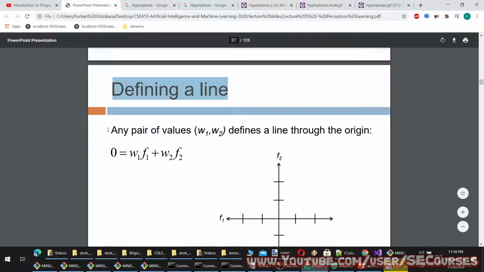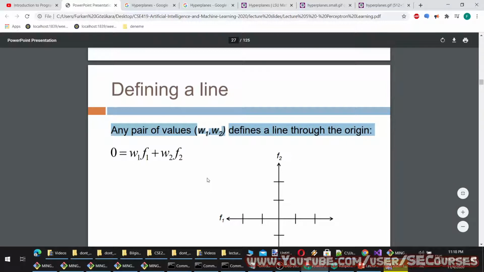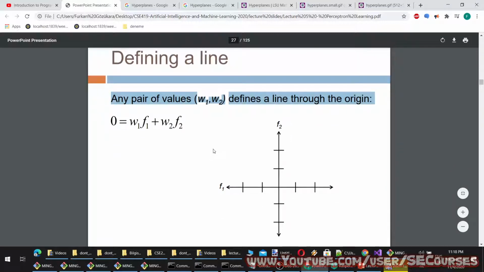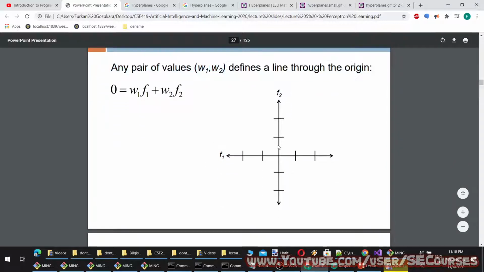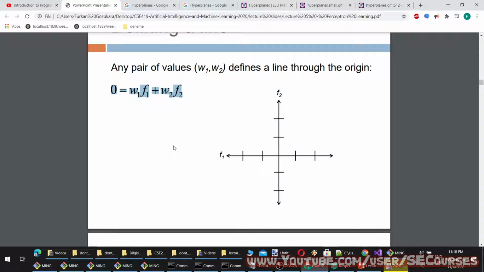Defining a line. Any pair of values W1, W2 defines a line through the origin, and this is the function: 0 equals W1F1 plus W2F2.